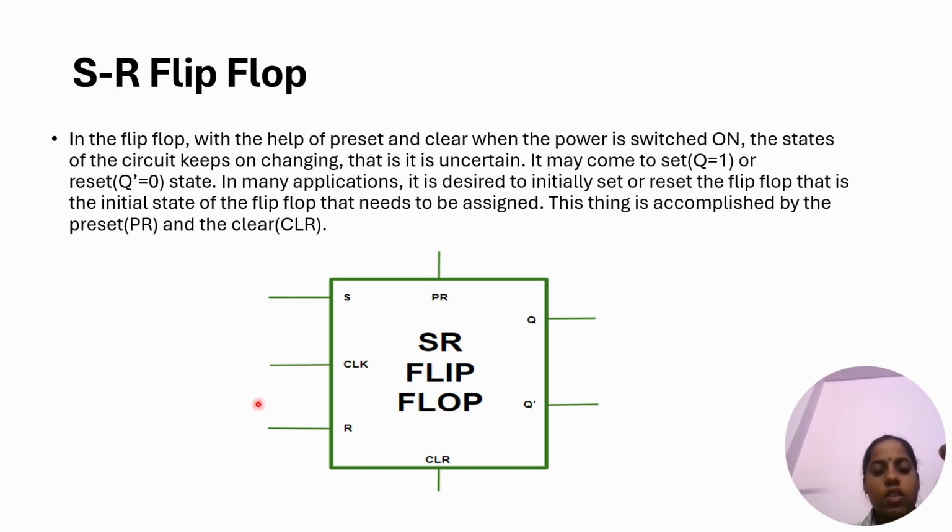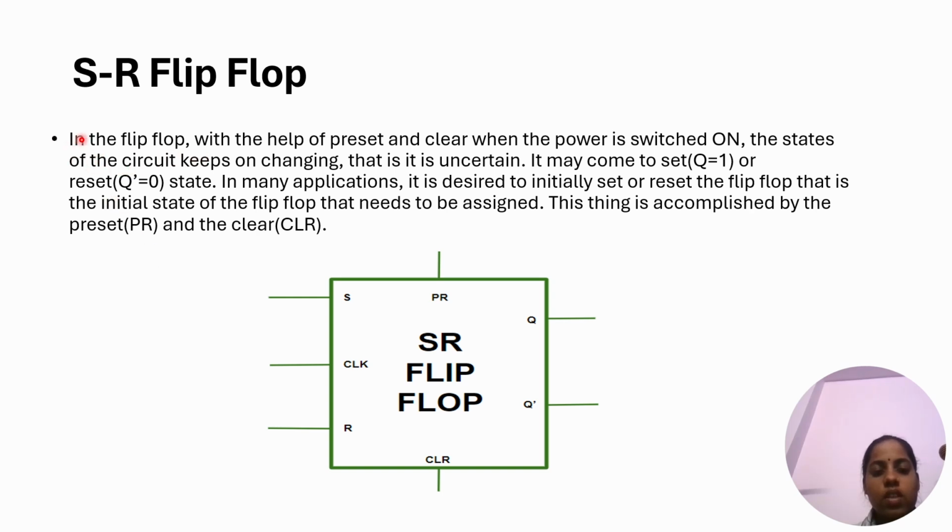This clock is used to control the operation of the flip-flop, and Q and Q bar are the outputs of the flip-flop. Here preset and clear are the asynchronous inputs. Preset means 1, clear means 0. Preset is an active high input, clear is an active low input.